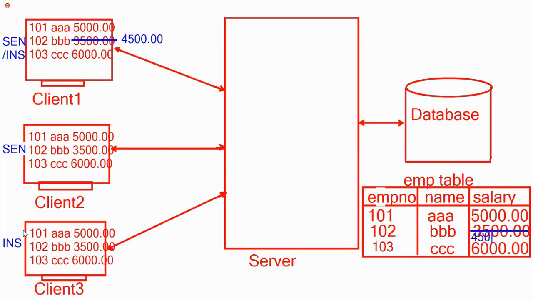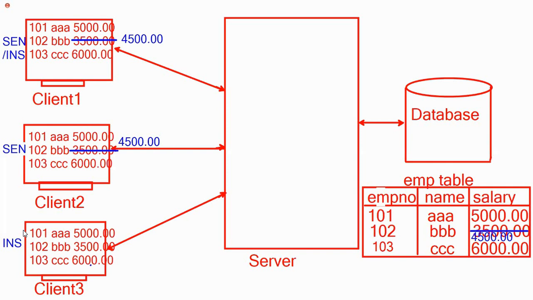After updating, immediately in the sensitive place it is updated to 4,500, but the insensitive place is not updated. Now, which system actually updated? Client 1. This client 1 updated the database, but immediately it is shown in client 2, but it will not be shown in client 3.